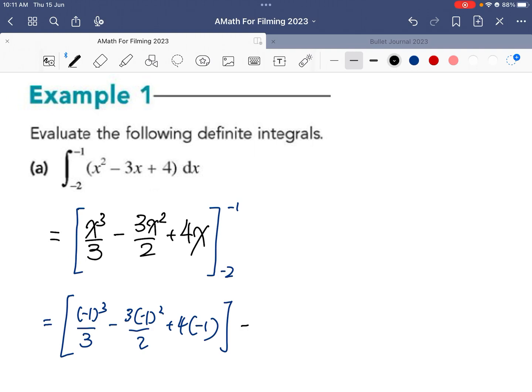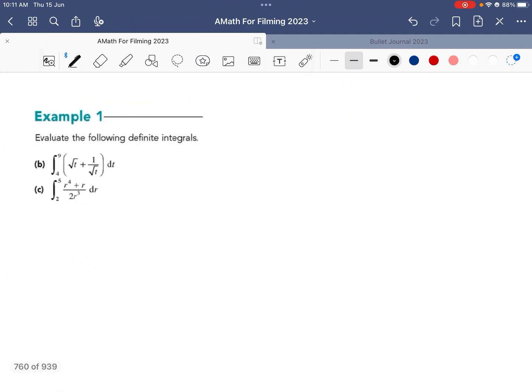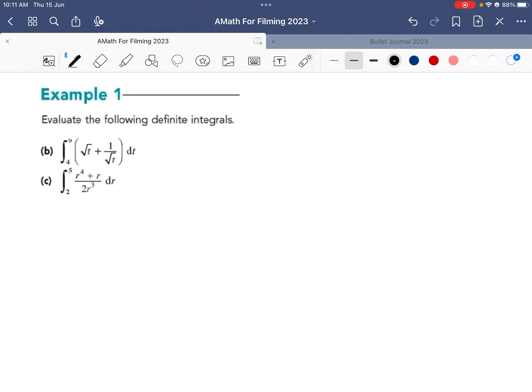So in this case, we have -2 cubed over 3 minus 3 times -2 squared over 2 plus 4 times -2. I close the bracket. So now you know how to use the limits already. Then all that remains is to use your calculator, and if you do everything correctly, you get 10 and 5 over 6.